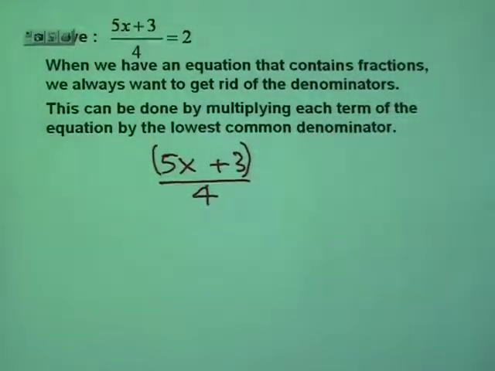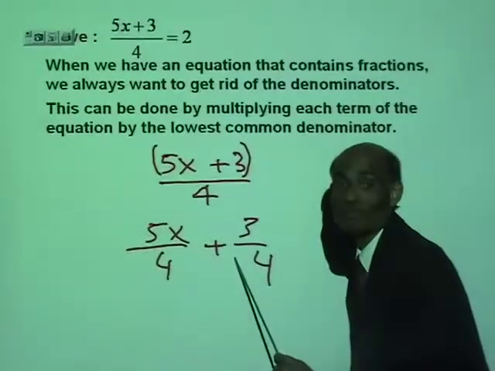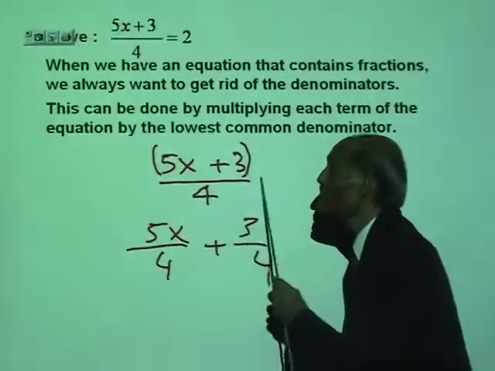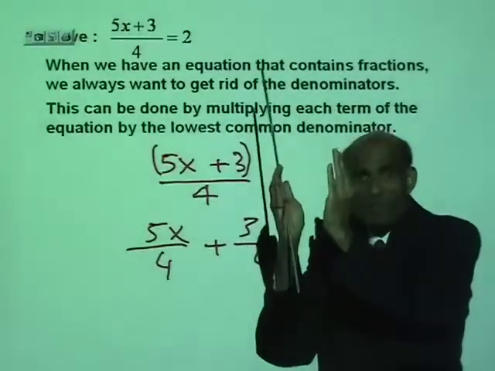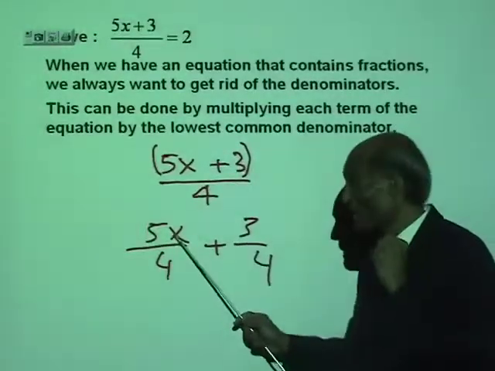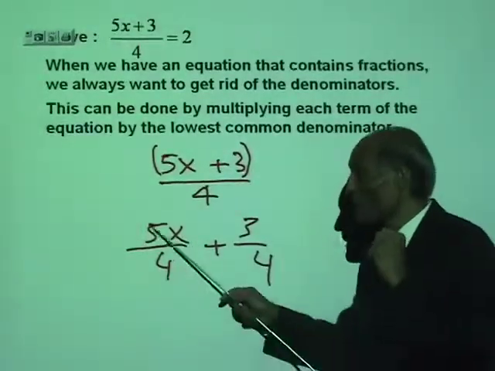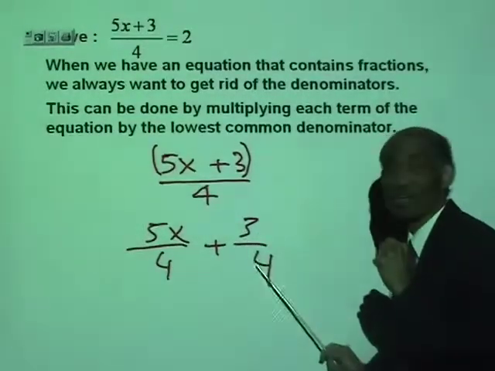Now you must distinguish here. If it is 5x over 4 plus 3 over 4, now this is two terms, but this is a single term, because this is a term on the numerator divided by a denominator, a single term, whereas this is a numerator and a denominator, plus a numerator and a denominator.